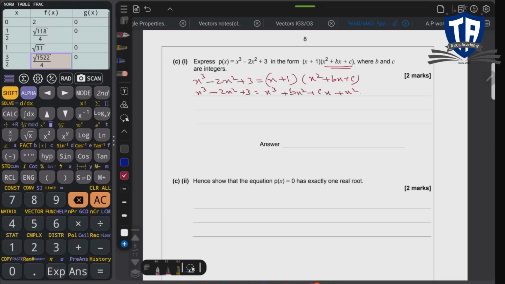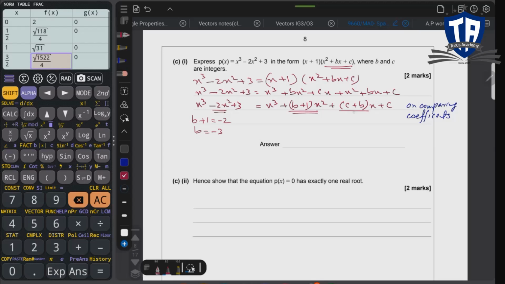On comparing the coefficients, see the coefficient of x squared is b plus 1 and on the right side it is minus 2. Equate them, the value of b is minus 3. The next is the coefficient of x, which is c plus b, and the value of b is minus 3, equal to 0 because there is no term on the left side involving x.